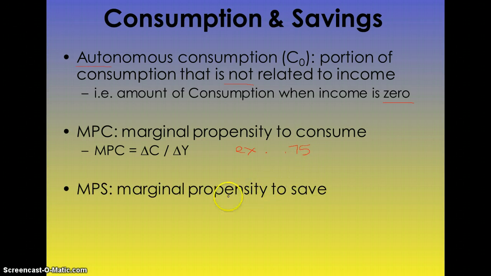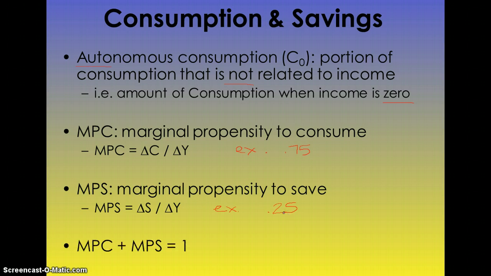For the MPS, we're again looking at marginal propensity to save. So marginal additional, propensity rate, to our savings. So calculating the change in savings divided by the change in income. So to continue our example, if above our MPC was 0.75, then our MPS would have to represent the rest, which would be 0.25.